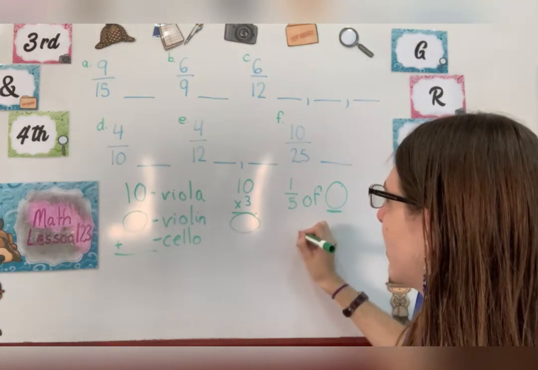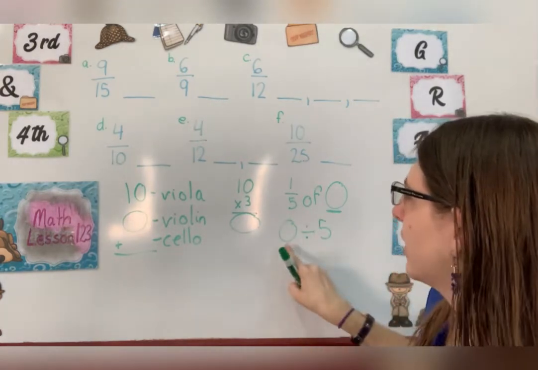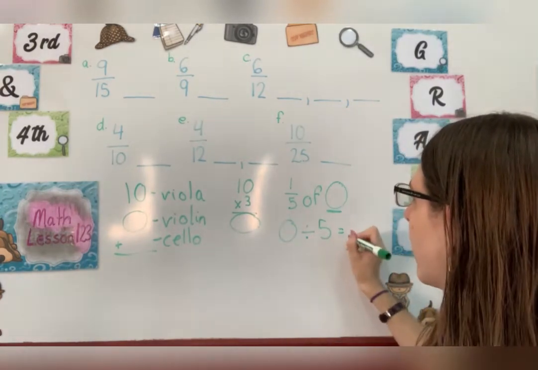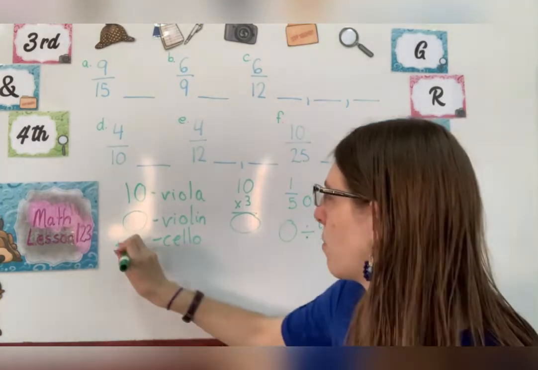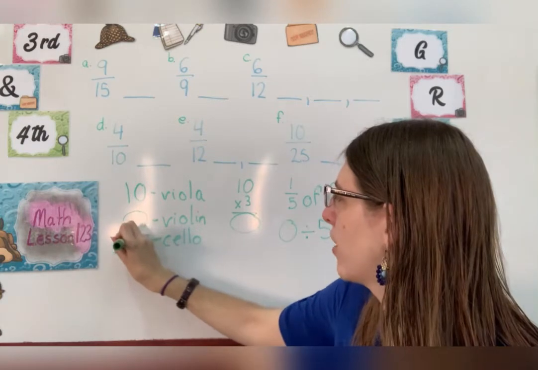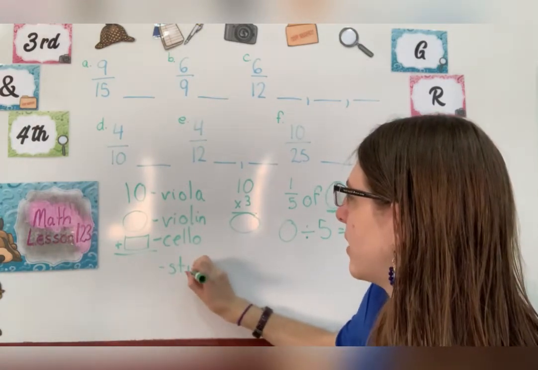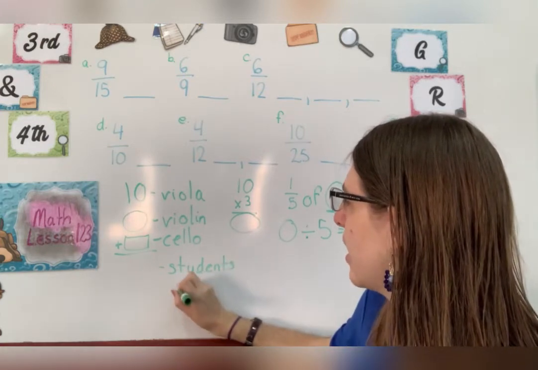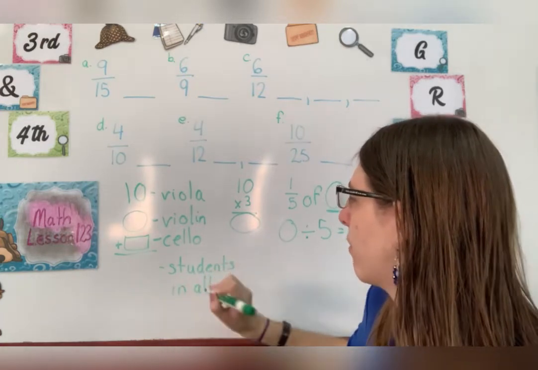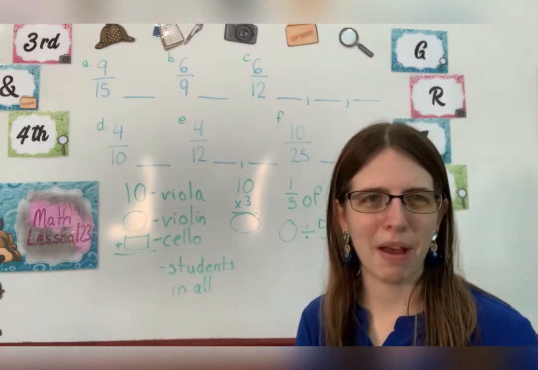So that means that we're dividing our number of violin students by 5 to get the number of cello students. So we'll put that here for the cello students, and that will tell us the number of students she has in all. Okay? Let me know if you have any questions about that.